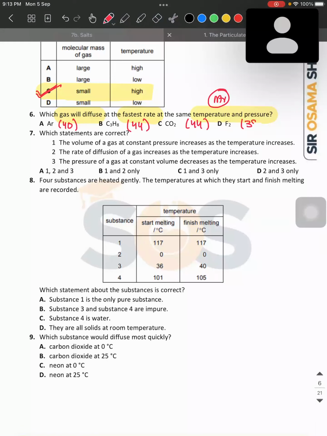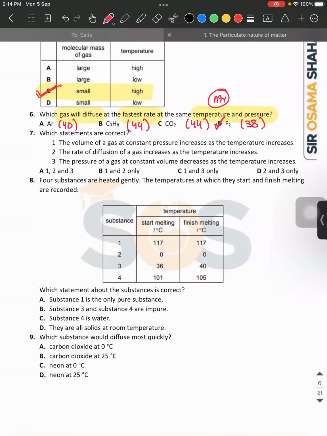Okay, question number 7. Yes, Amreen, can you solve this? Yes sir, I think it is D. You think it is D, so definitely it should be right. Let's check which statements are correct. The volume of a gas at constant pressure increases as the temperature increases. Definitely, if you increase the temperature and the pressure is constant, then there is no effect of pressure.